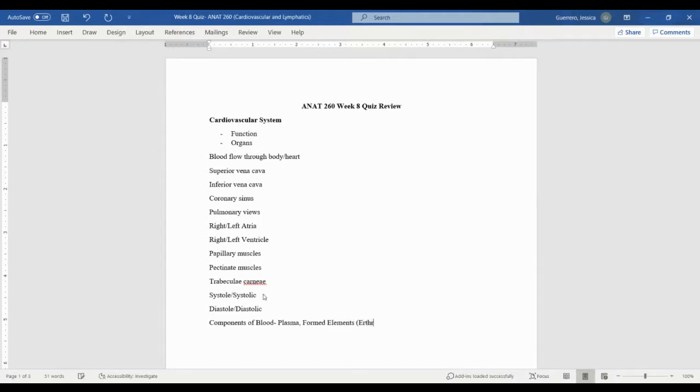There are erythrocytes, leukocytes and thrombocytes. So know about the components of blood and their composition. That is blood flow.